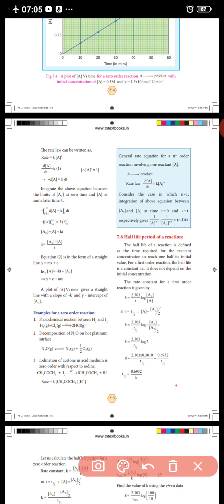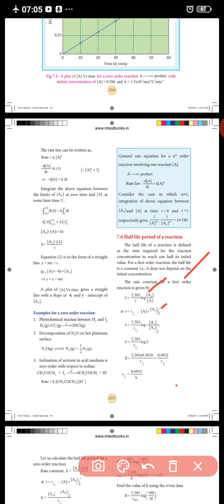The rate constant for a first order reaction, k is equal to 2.303 by t log of A naught by A. Substituting t as t 1 by 2 and A as A naught by 2, k is equal to 2.303 by t 1 by 2 log of A naught by A naught by 2.